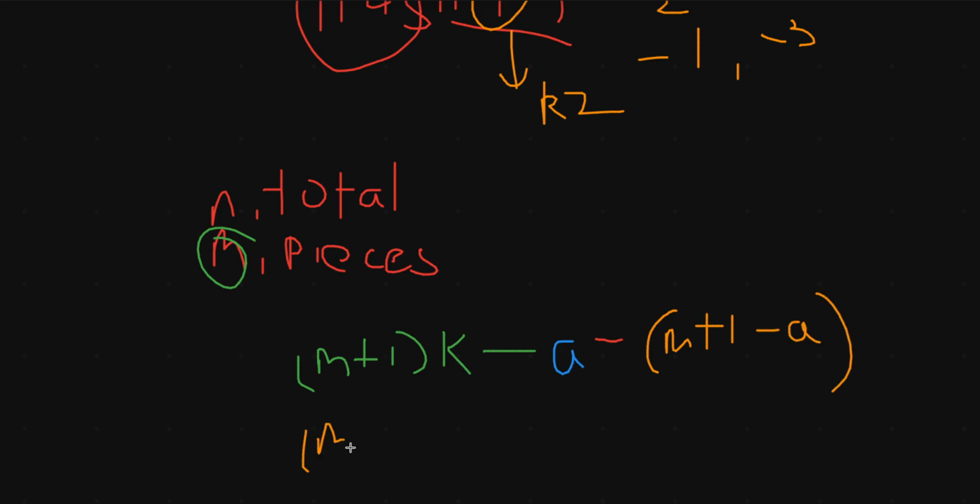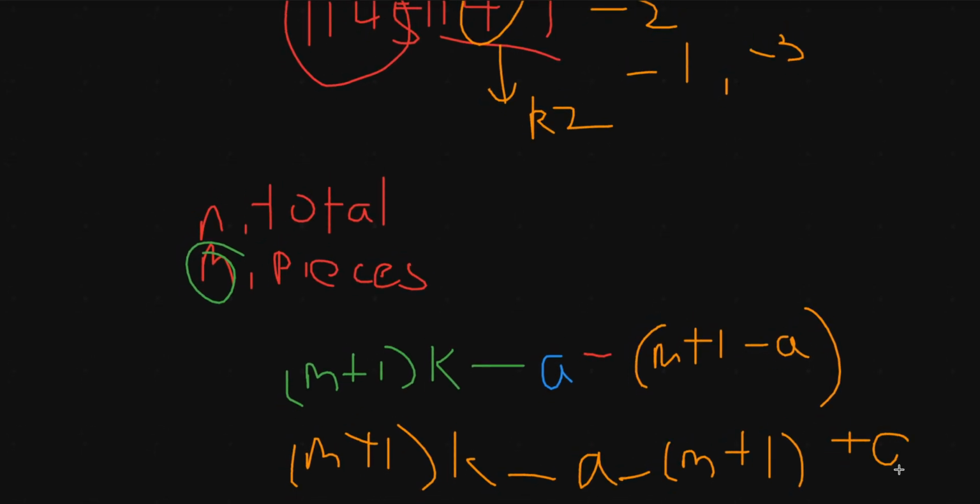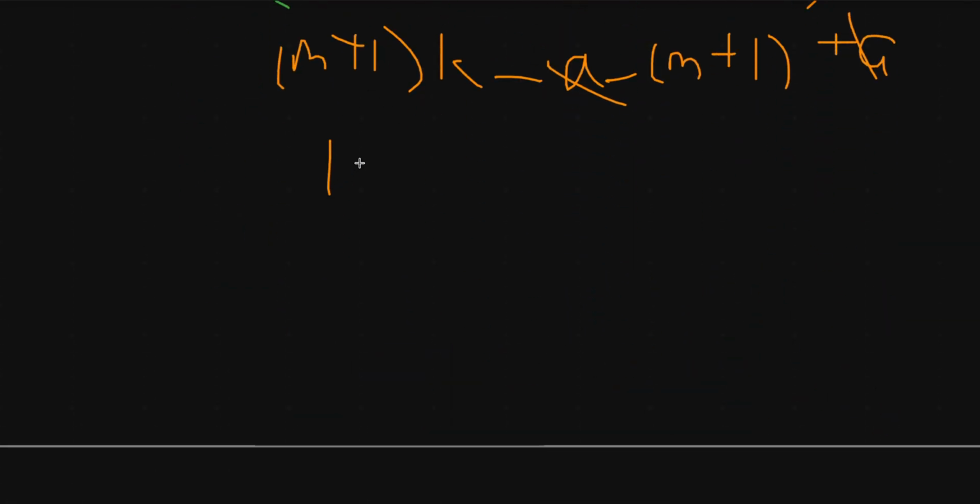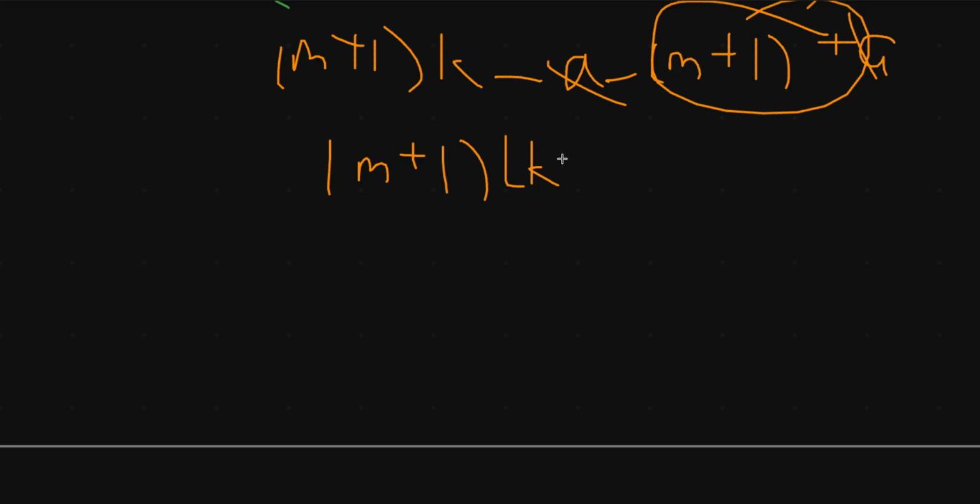Because m plus 1 times k, minus a, minus the bracket m plus 1 minus a, becomes plus a, because negative and negative convert to positive. Now a cancels out, and your opponent is left with m plus 1 times k minus 1. So your opponent is also stuck at a multiple of m plus 1.